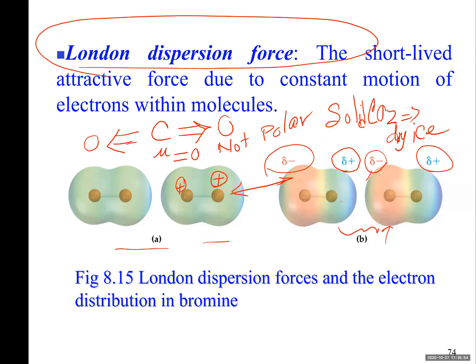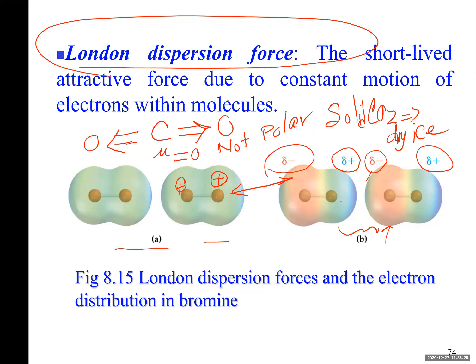When molecules get together, they push electrons to one side, so there is partial positive and negative because of change of distribution of electron clouds. This induced polarity is producing some interaction which results in solidification of carbon dioxide.